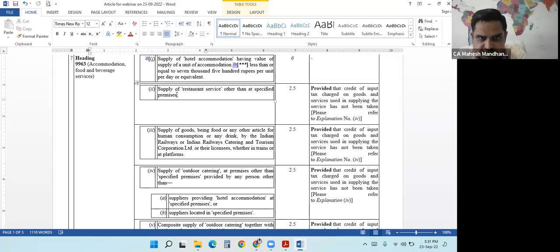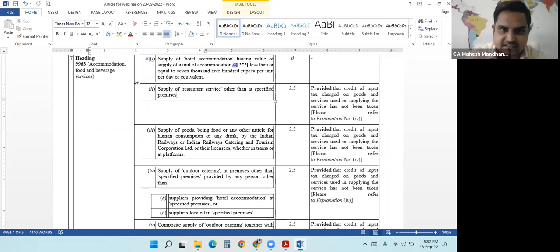Now, other than specified premises means if a hotel which is also providing lodging services has a declared tariff of more than 7,500 per room per day, in that case that hotel is not liable to pay the tax on its restaurant service at 2.5%. That hotel will pay the tax at 9% after availing ITC. This is the simple meaning.